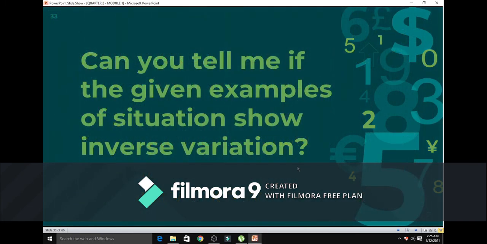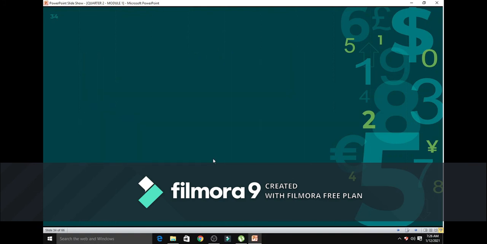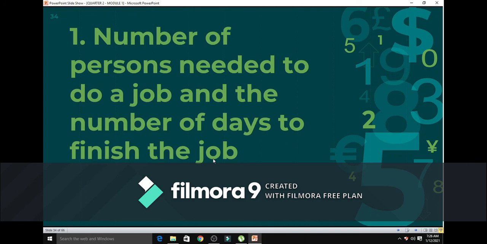So, I have here also examples of situation, and you're going to tell me whether it shows an inverse variation. So, example number 1, the number of persons needed to do a job and the number of days to finish the job. Kamukha siya nung paggawa ng bridge o kaya paggawa ng bahay.